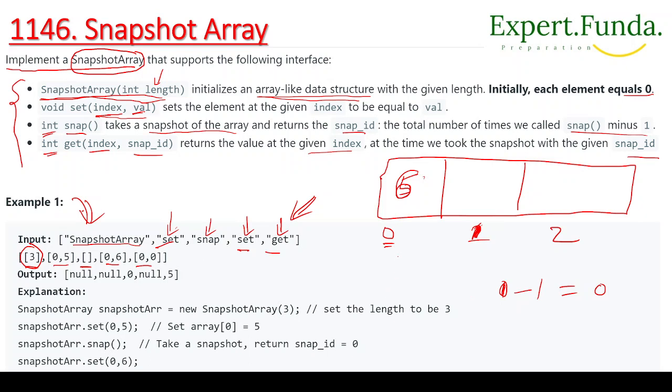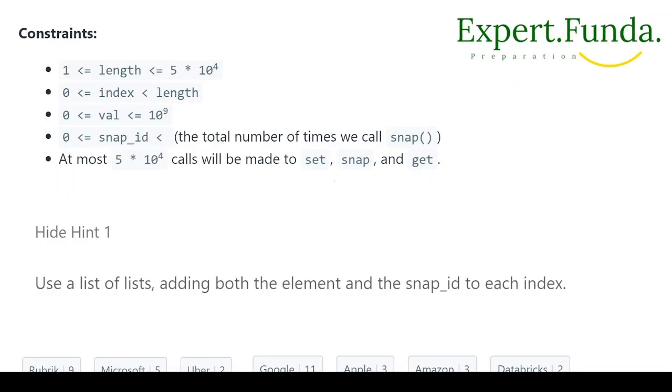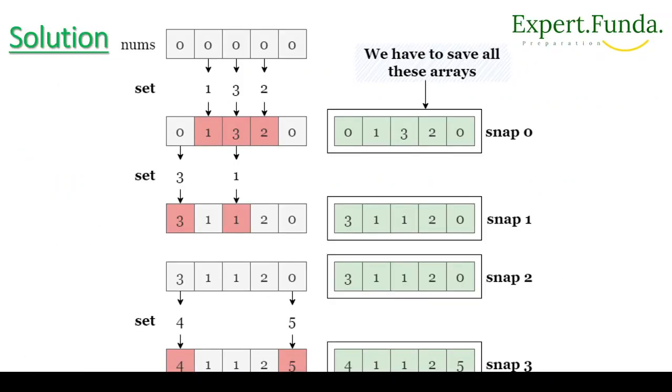Now we are not calling set, we are calling get, and this get will return the value at the index for that snapshot. If we come here and look at the array, the value at index 0 is 6, and 6 minus 1 is 5. This is the snapshot id which will be returned. So this type of input is here.